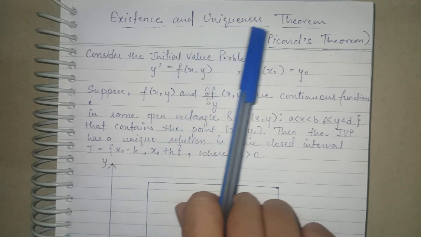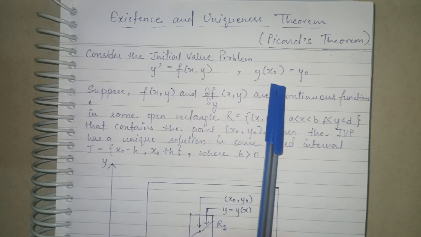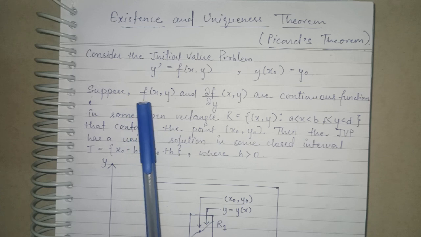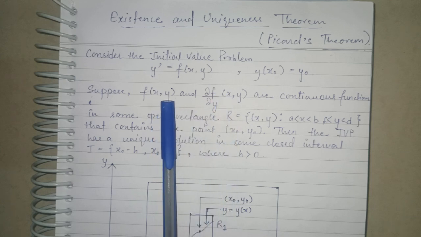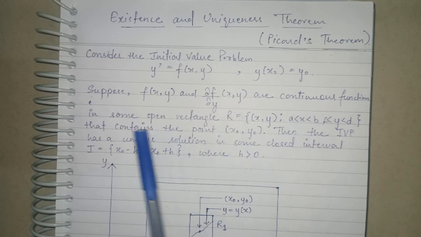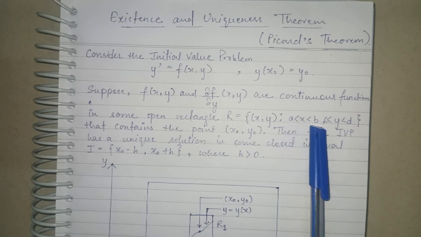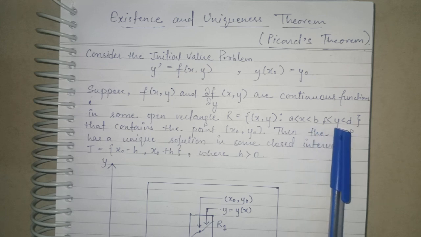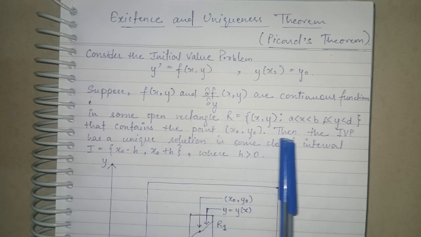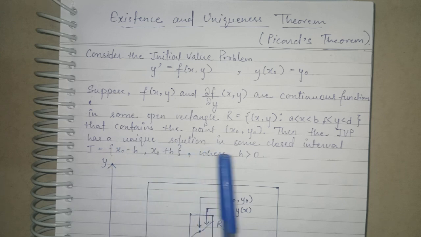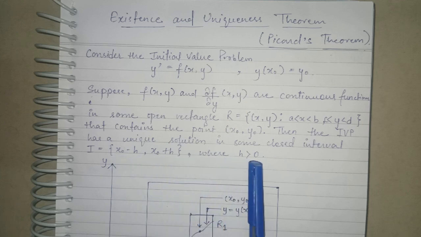The theorem says that if you are given an initial value problem y prime equals f(x, y) with an initial condition y(x naught) equals y naught, and the function f(x, y) and its partial derivative with respect to y are both continuous in some open rectangle R, where x is greater than a and less than b, and y is greater than c and less than d, and R contains the point (x naught, y naught), then the initial value problem will have a unique solution in some closed interval I given by x naught minus h to x naught plus h, where h is greater than 0.